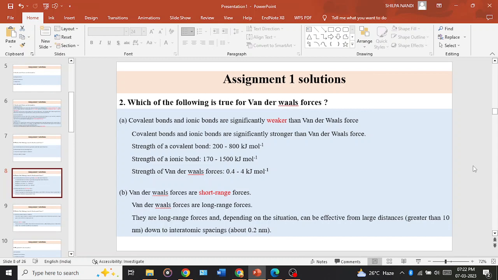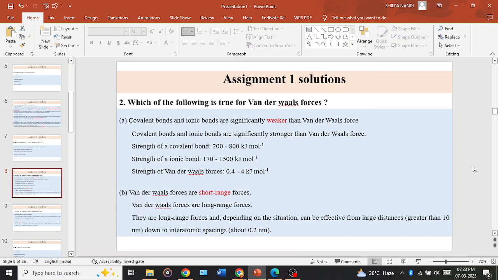The strength of a covalent bond ranges around 200 to 800 kilojoule per mole, whereas the strength of the ionic bond ranges from 170 and can even go up to 1500 kilojoule per mole. For van der Waals forces, the strength lies only in the range of 0.4 to 4 kilojoule per mole. Hence, we rule out option A.